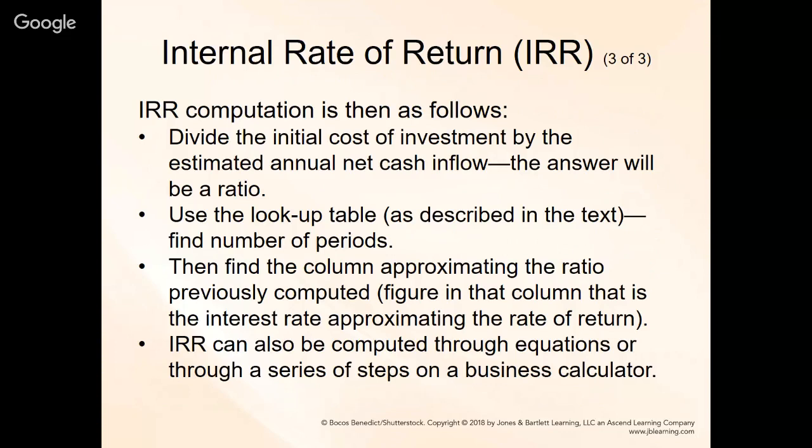Then find your column that is going to approximate the ratio that you computed, and that column gives the interest rate that is going to reflect the estimated or approximate rate of return. And then your internal rate of return can also be calculated through equations or through a series of steps on a business calculator.